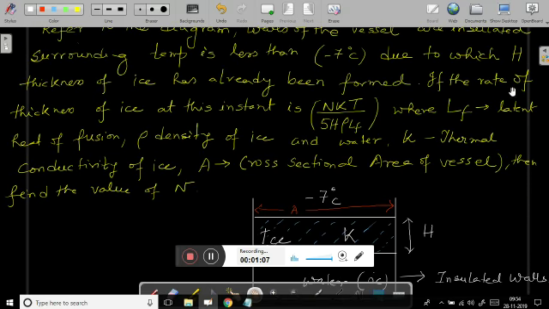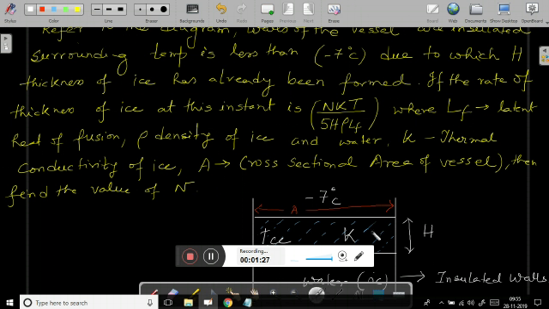Now it has been mentioned that the rate of thickness of ice at this instant is N kT by 5H rho LF, where LF is the latent heat of fusion, rho is the density of ice, K is the thermal conductivity of ice, and A is the area of cross section.